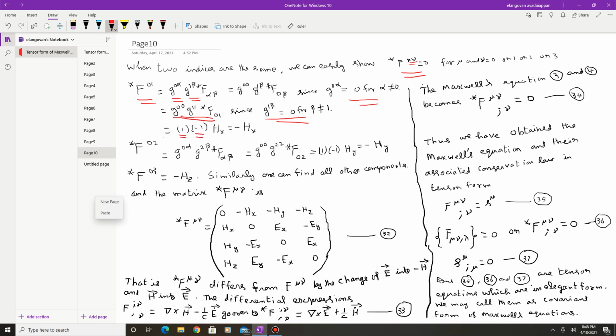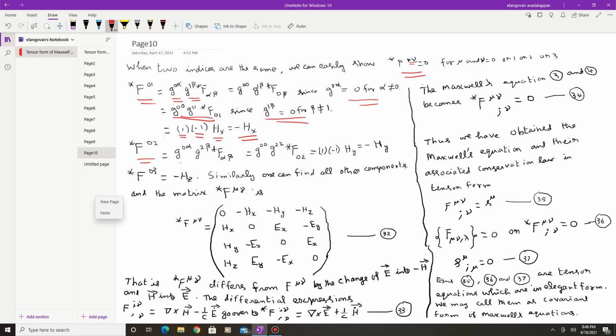So this is G00 is 1, G11 is minus 1, and star F01 from the matrix that you have already calculated, you substitute this value, minus Ex. So the component star F02, the contravariant component, and this is the dual matrix. For the dual matrix, the contravariant component is obtained in this form.